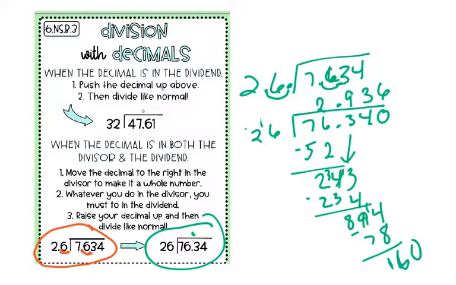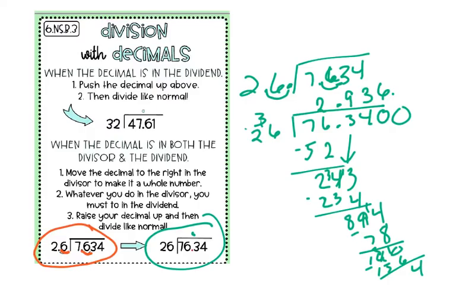I'm going to run out a little bit of room. I'm going to clean this up a smidge. 160. There we go. 6 times 6 is 36. Regroup my 3. 6 times 2 is 12. Plus 3 is 15. I'm going to subtract. I get 4. Again, I'm going to bring down a 0.